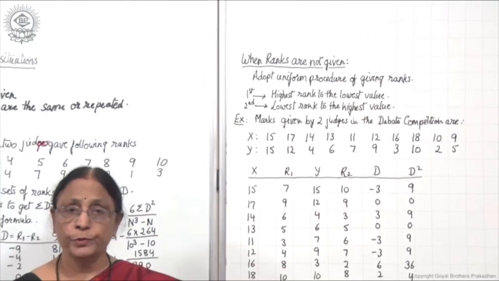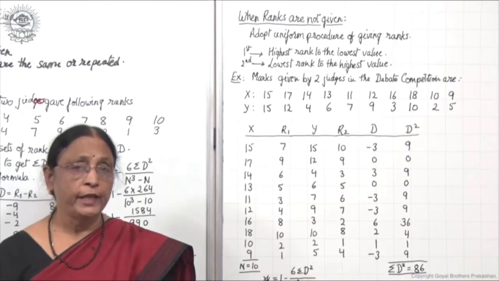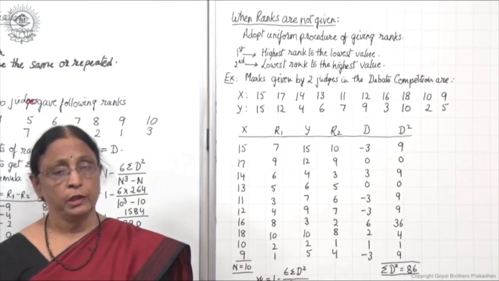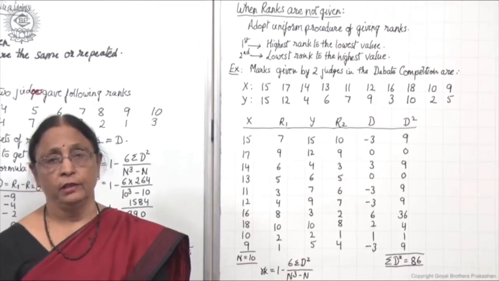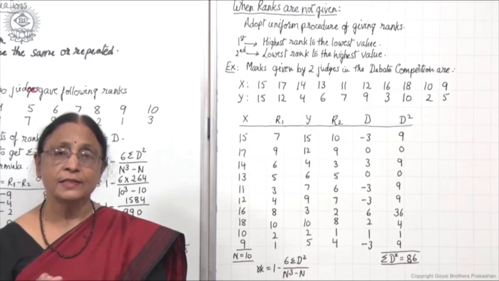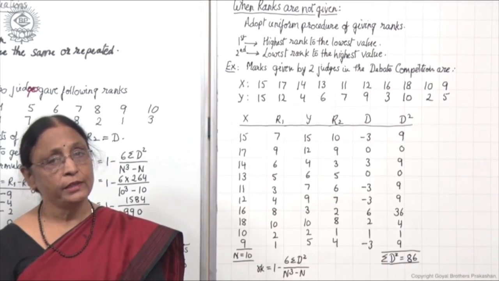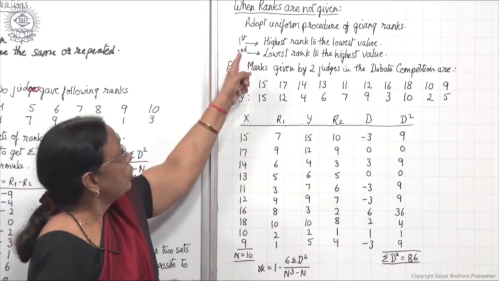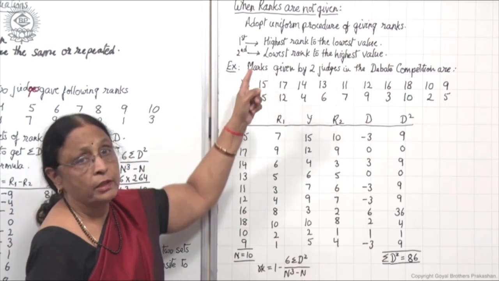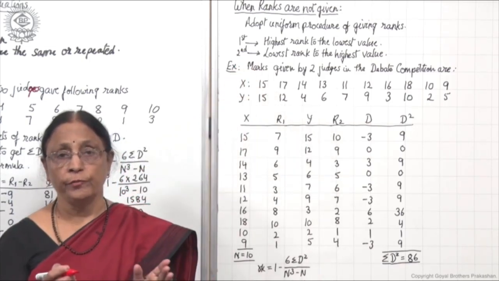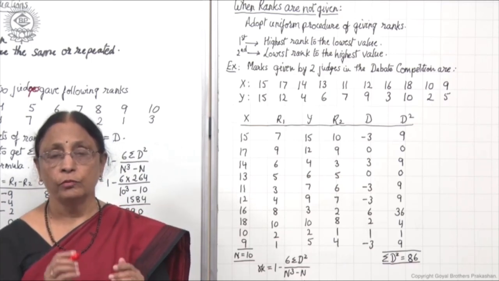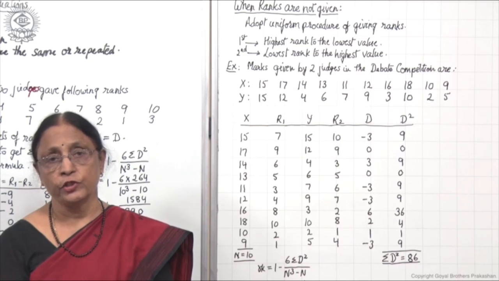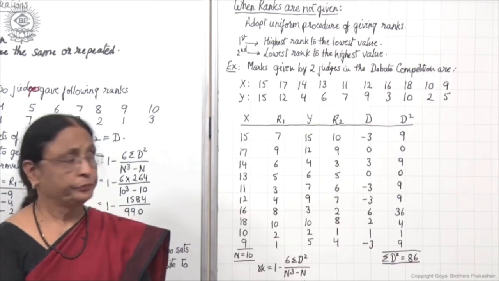You can adopt any one, whichever you want, and I tell you the answer will never be different. The answer will be the same, right? So either adopt the first method or the second, but whatever procedure you are following, remember children, follow the same procedure for both types of observations or both the series.